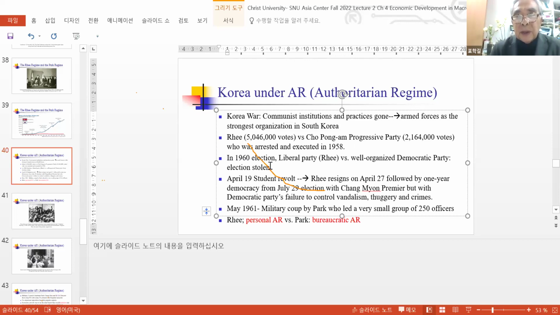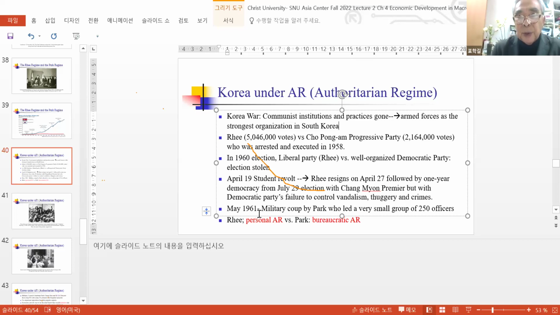In 1960 election, Liberal Party versus well-organized Democratic Party, and they claim election was stolen, but at any rate, Liberal Party has won, which led to April 19 student revolt. Ri resigns president on April 27, followed by one-year democracy from July 29 election with Chang Myon premier, but with Democratic Party's failure to control vandalism, thuggery, and crimes.